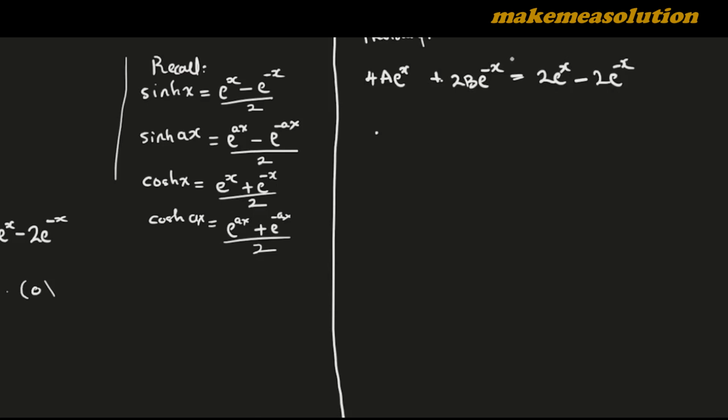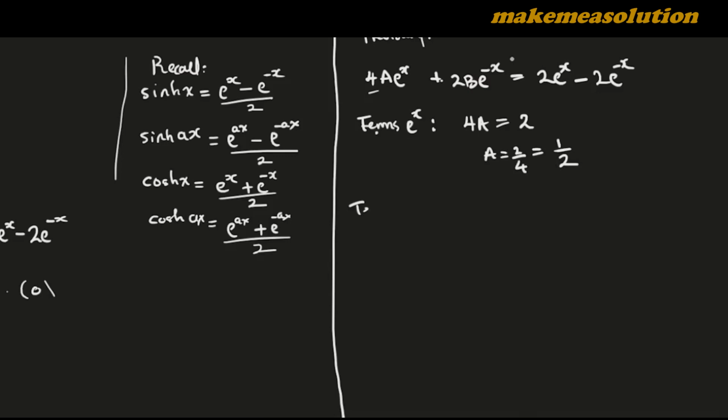So how do we now compare the coefficients? For terms in exponential x, on the left hand side, the coefficient of exponential x is 4a. On the right hand side, the coefficient of exponential x is 2. So for 4a equal to 2, a is equal to 2 over 4, and this is 1 over 2.